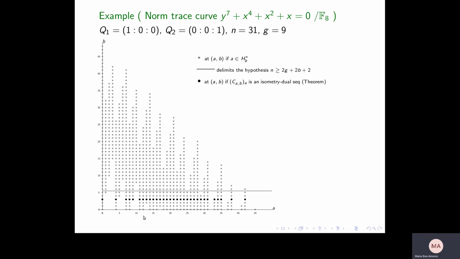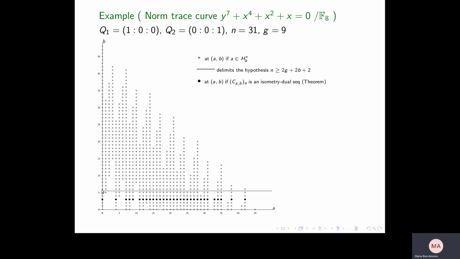In this case, what we proved is that the sequence of codes given by each of these horizontal lines, given by, in fact, the stars in each of these horizontal lines, is indeed an Isometry-dual sequence of codes if and only if the given b satisfies this. For instance, here the b is 3. This 3 satisfies that H6, we need to move to 2b.